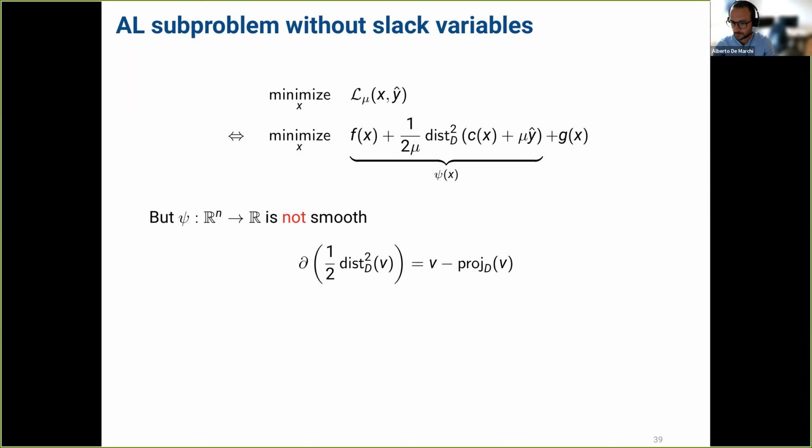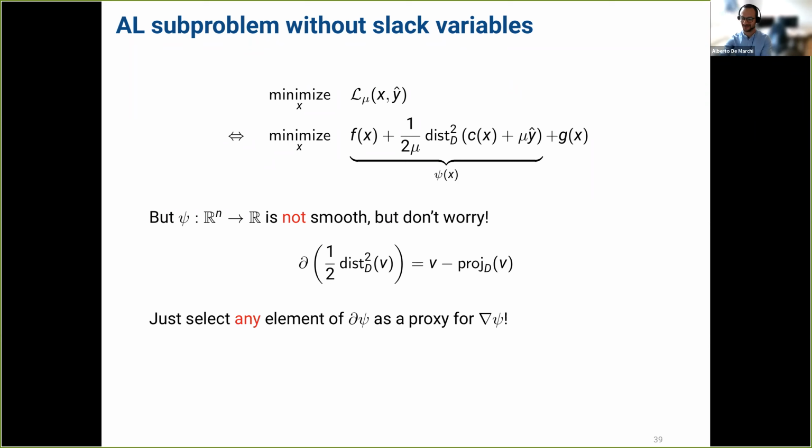But we have shown in the paper, and now unfortunately I don't have enough time to show all this, it's enough just to take any element of this subdifferential and use it as a proxy for the gradient of psi.